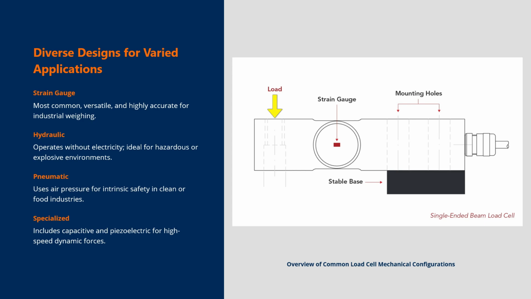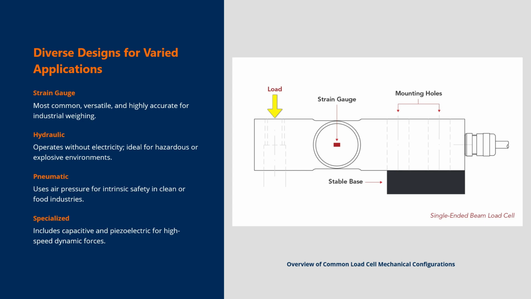The pneumatic load cell operates using air pressure and is commonly used in industries where clean operation and intrinsic safety are required. There are also specialized load cells, including capacitive and piezoelectric sensors, used for measuring dynamic or high-speed force variations. Each type is designed to meet specific industrial requirements.